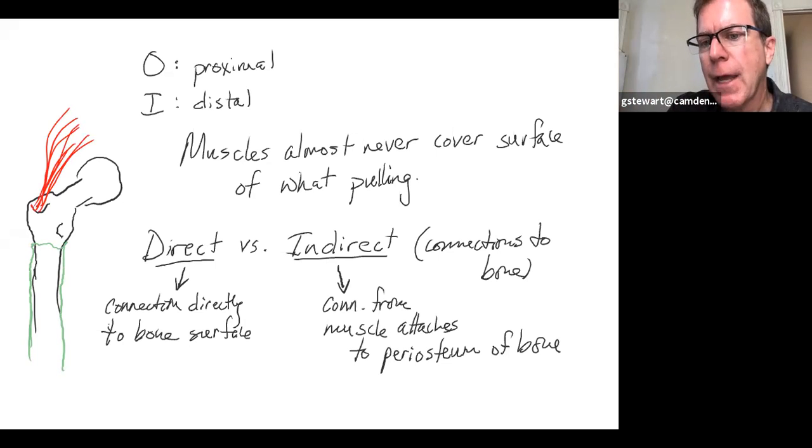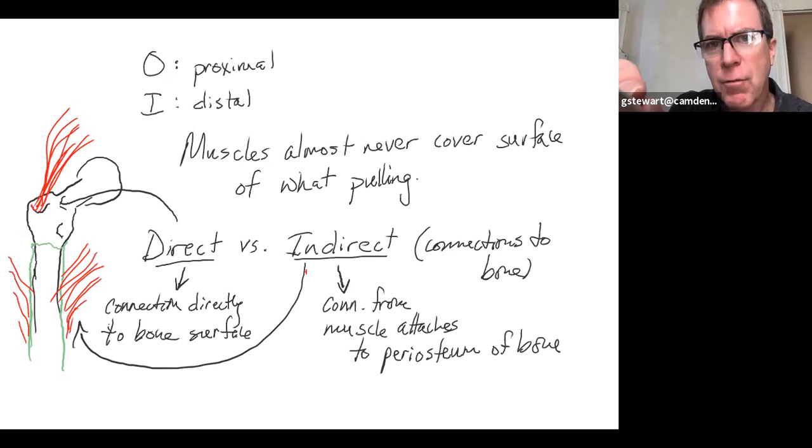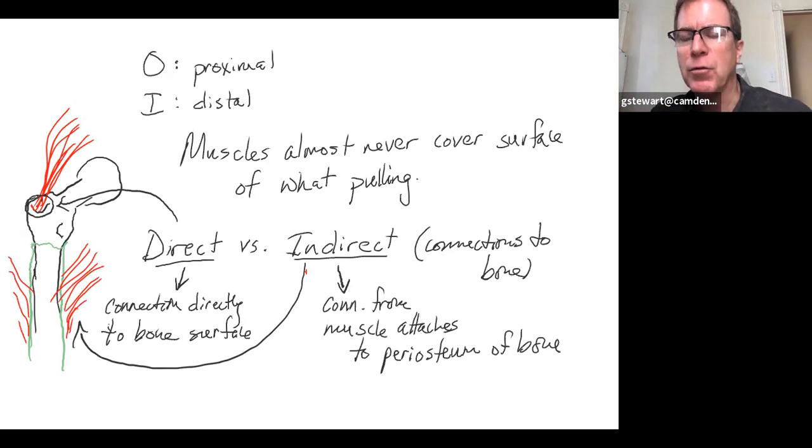An indirect attachment would be if a muscle attaches to the periosteum that the bone has wrapped around it. So the muscles that I'm drawing down here are really attaching to that green connective tissue. So that's indirect and that's direct, because this tendon is attaching directly to bone surface.